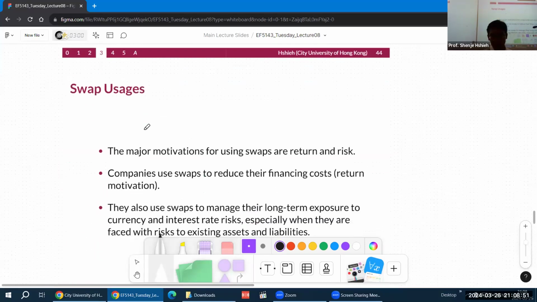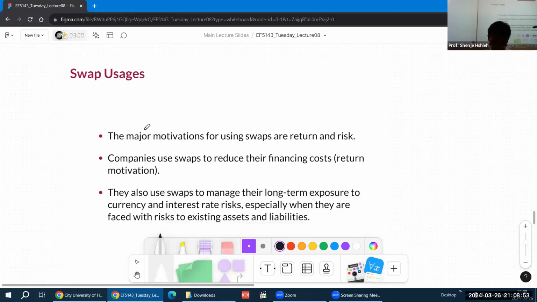All right, so swap usages. This is where I talk about how swaps actually reduce overall risk for people. If there's one takeaway from studying finance, it's that everything you learn in finance is at the end of the day about risk sharing.